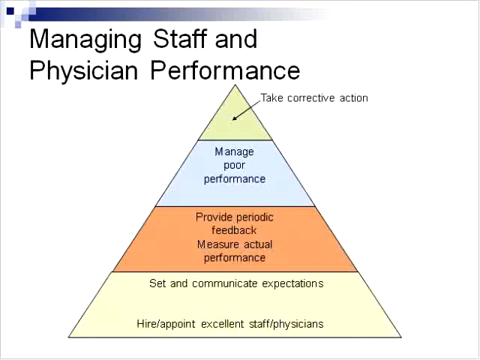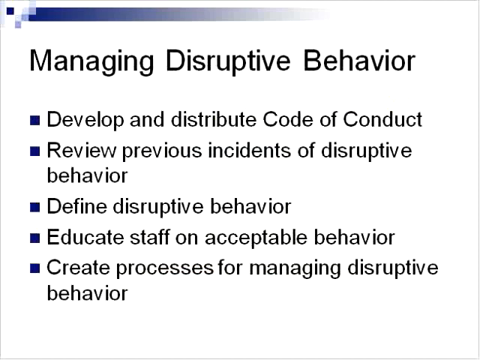We need to set and communicate the expectations for appropriate behavior. Then we have to measure actual performance as we go by. We can't just set the expectation and ignore it after that. So we need to measure it and then provide appropriate feedback to that person. Manage poor behavior that we do see, and then take corrective action if there are any instances of disruptive behavior.